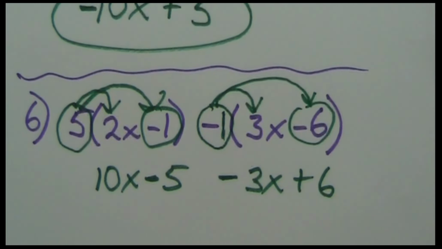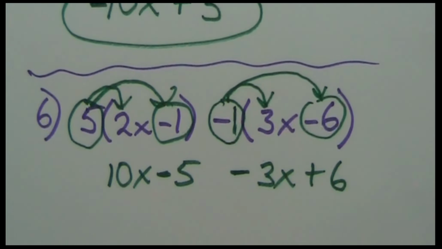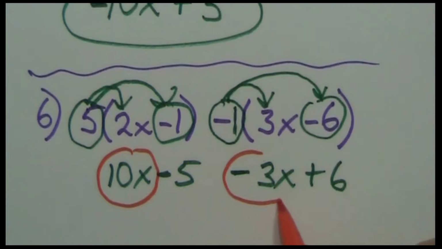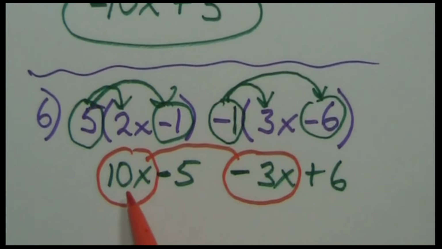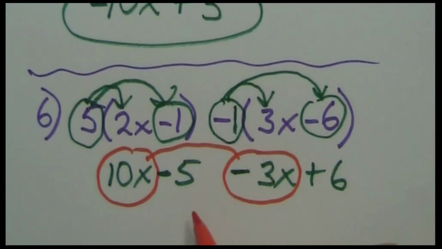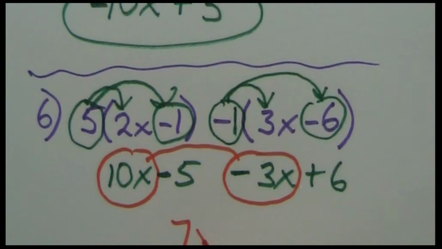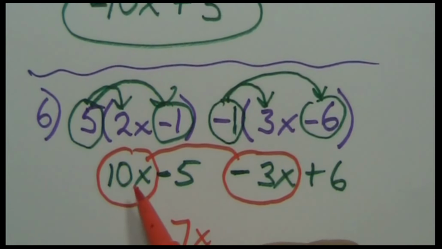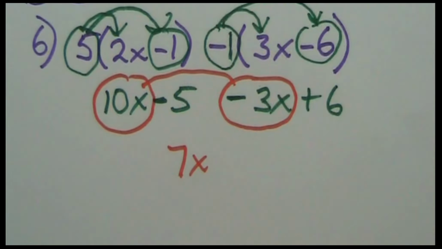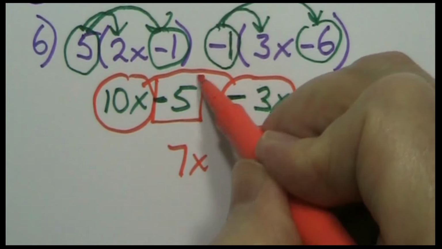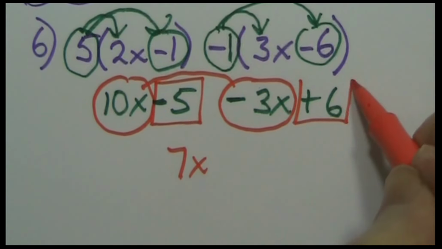Okay, so now we can go ahead and put together our like terms. We have 10x and a minus 3x, or negative 3x. So let's see, 10 and negative 3, you subtract them. 10 minus 3 is 7, and there's more positive, so it stays positive. Then I have negative 5 and a positive 6.